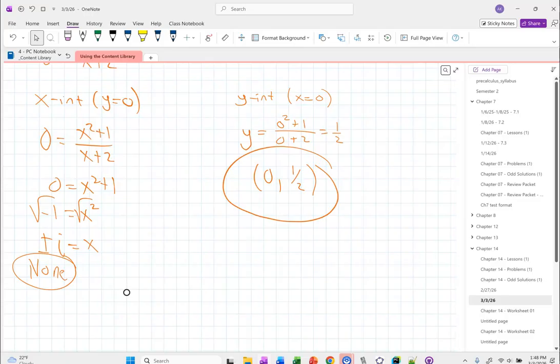So my last piece are the end behaviors. So let's think about the arrows that we're going to have on our graph. Our graph is always going to have at least 2 end behaviors, right? One as x goes to negative infinity, one as x goes to positive infinity. Those have to be there.